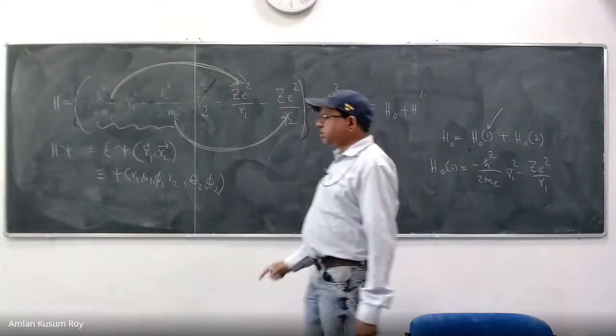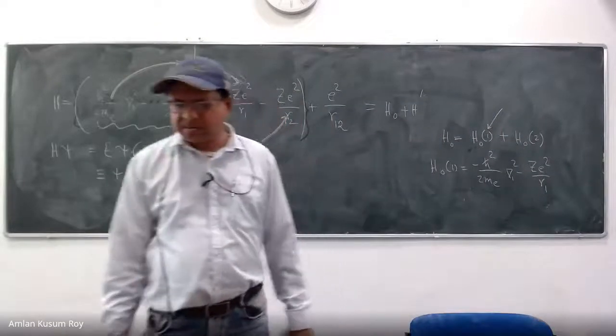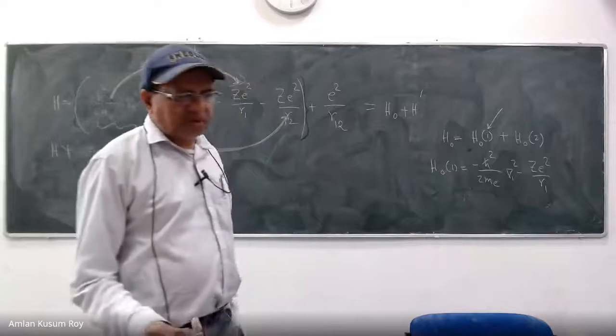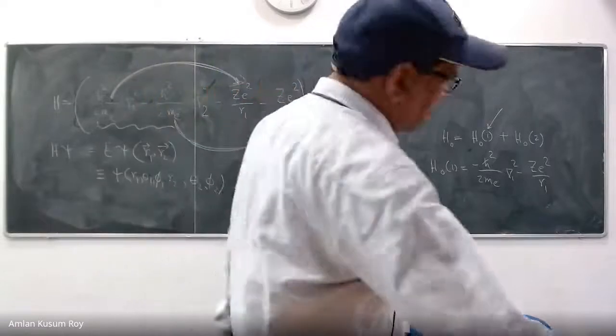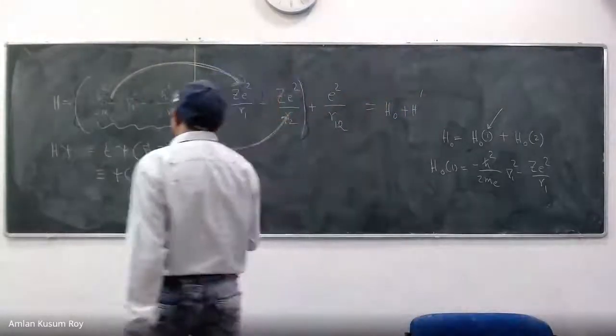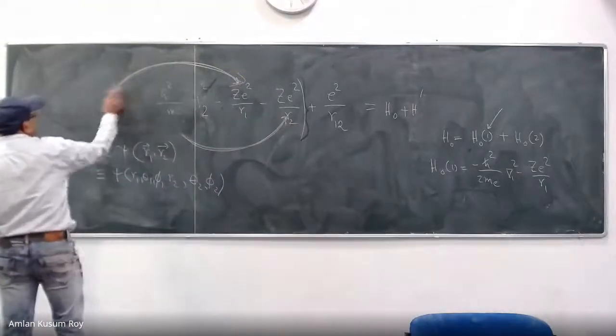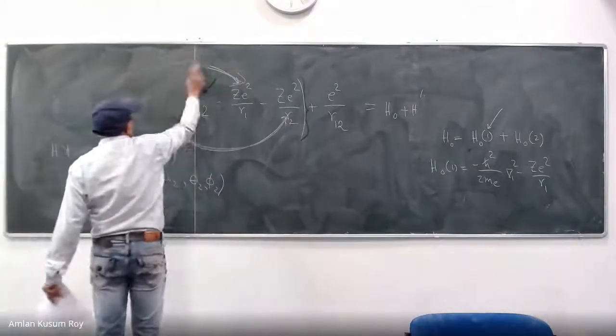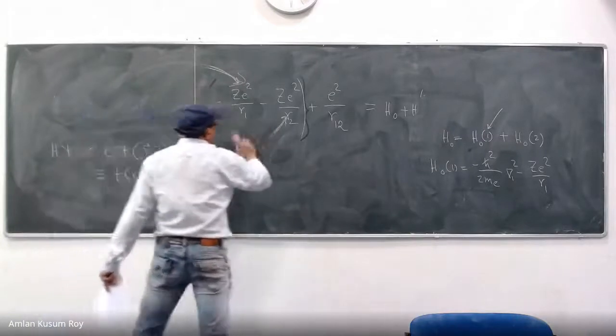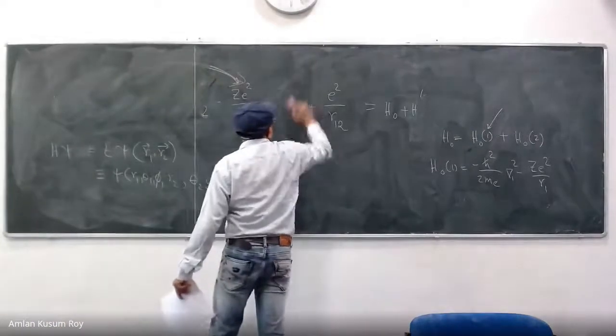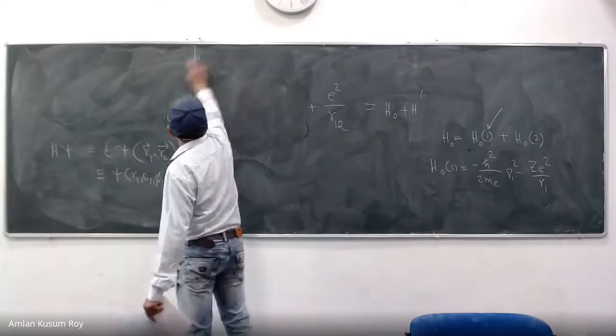That is the most important criterion for choosing the unperturbed Hamiltonian. So what is the solution? Who can say in terms of the eigenfunctions and eigenvalues? I can erase this portion, as the original Hamiltonian is defined.